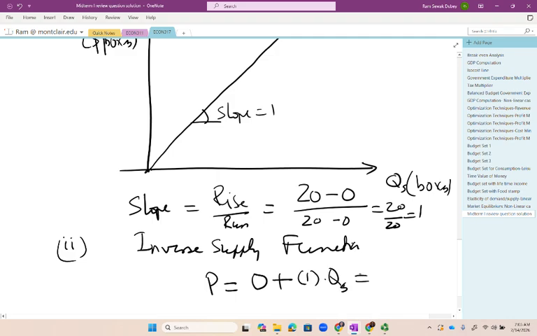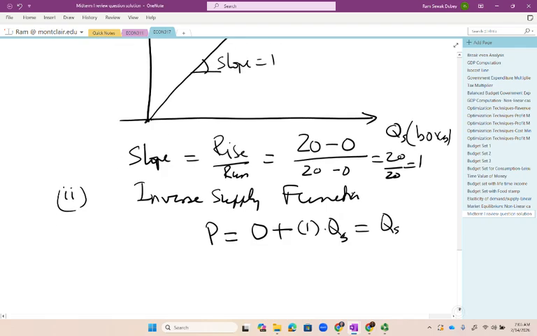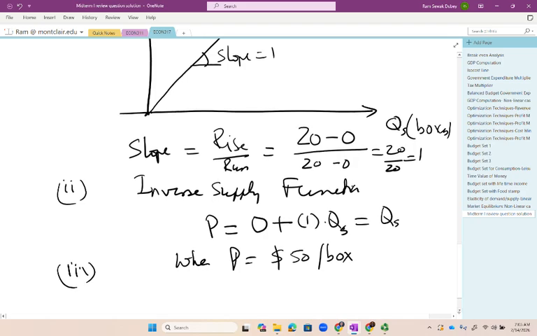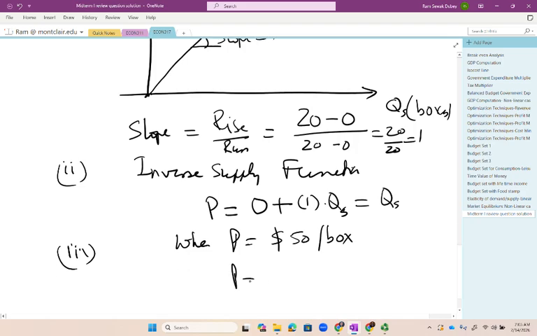So you can see price equal to quantity supplied is the expression for the inverse supply. Lastly, we also want to find out what is the quantity supplied when price is 50. When price is $50 per box, you see the quantity supplied is equal to the price, so 50 boxes.